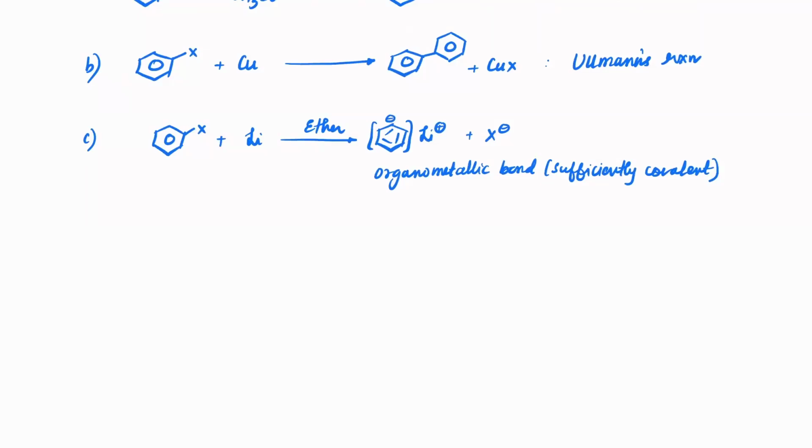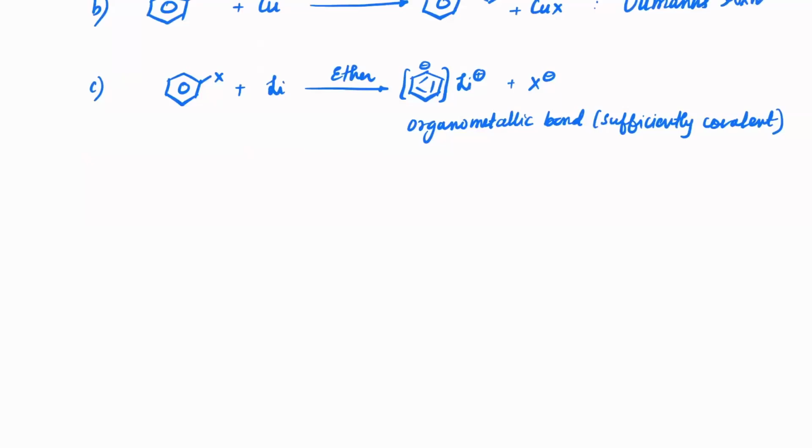Okay? So in this regard, there is a special reaction known as transmetallation. So wherever you see any halobenzene and then you react with CH3Li, so wherever you see CH3Li or RLi, okay, clear.